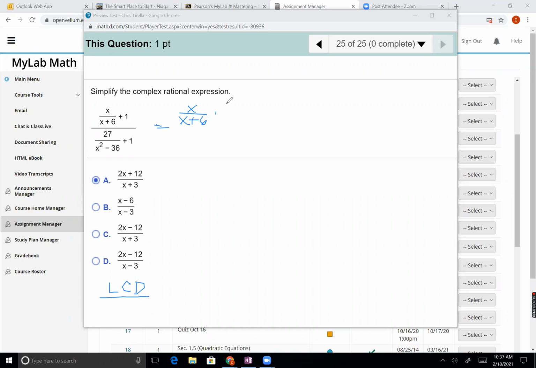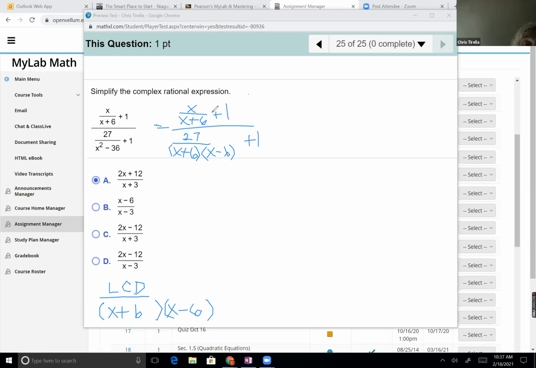And how does that factor? x plus 6 and x minus 6. So what would the common denominator be? You'd use x plus 6, x minus 6, because you have x plus 6 twice. And now we're going to multiply both numerator and denominator by that.